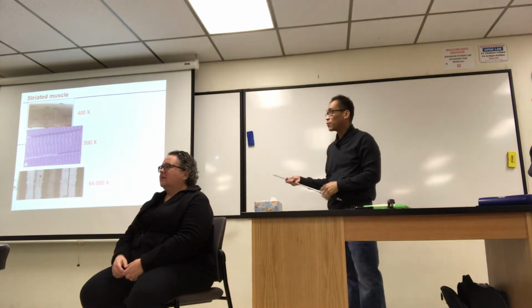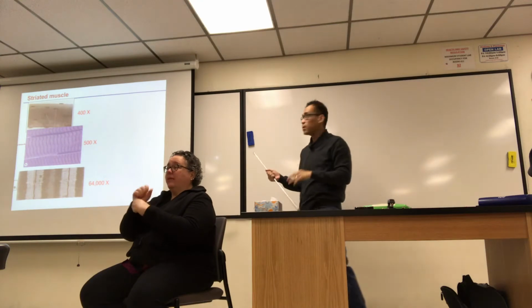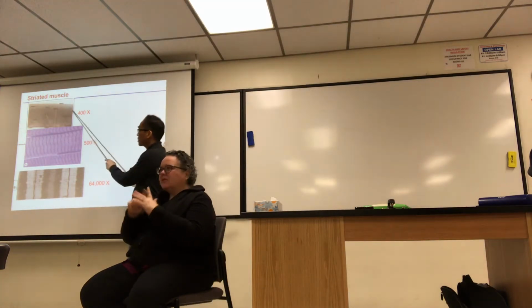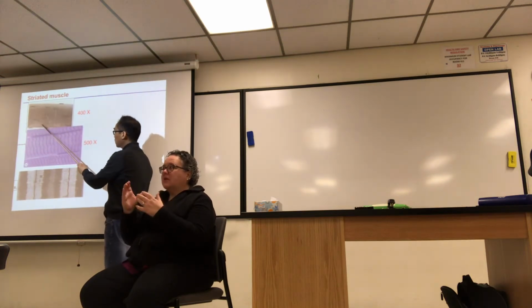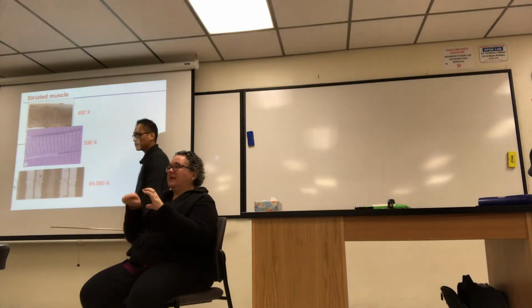Top picture is 400x. When we work with our scopes, that's the max level I wanted you to use. You can barely start to see the striations at 400x. You can see the multinucleated fashion of a muscle fiber. You can see how this is shaped like a cylinder, not a round cell.